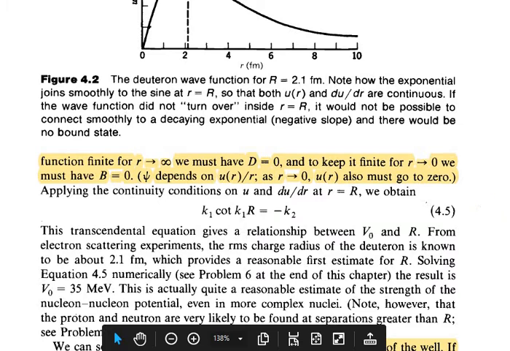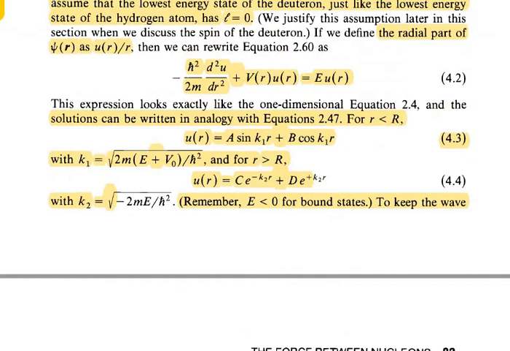To keep the wave function finite for r tends to infinity, we must have D equal to 0. When r tends to infinity, this equation becomes infinity, but it should not be like this. So for limiting the wave function, we assume that D is equal to 0 for r tends to infinity.